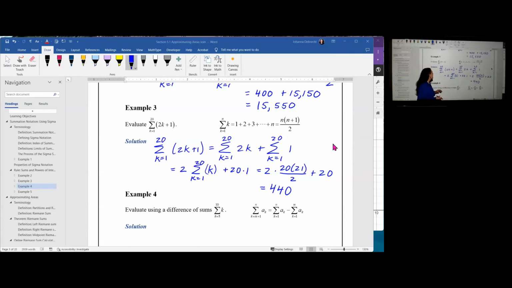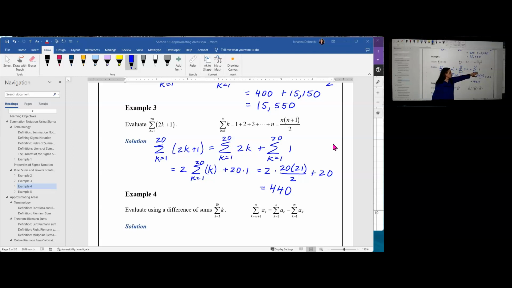So let's compare. When we look at this particular summation, we see that we have a sum in the sum end. We can split it into the sum of 2k and the sum of 1, both from k equal 1 to 20. Then we can pull the constant off of the 2k to get 2 times the sum of k.